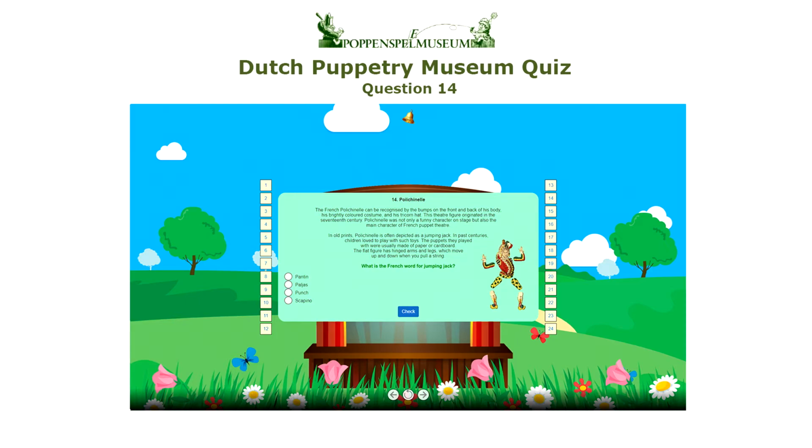14. Polichinelle. The French polichinelle can be recognized by the bumps on the front and back of its body, his brightly colored costume, and his tricorn hat. This theatre figure originated in the 17th century. Polichinelle was not only a funny character on stage, but also the main character of French puppet theatre.